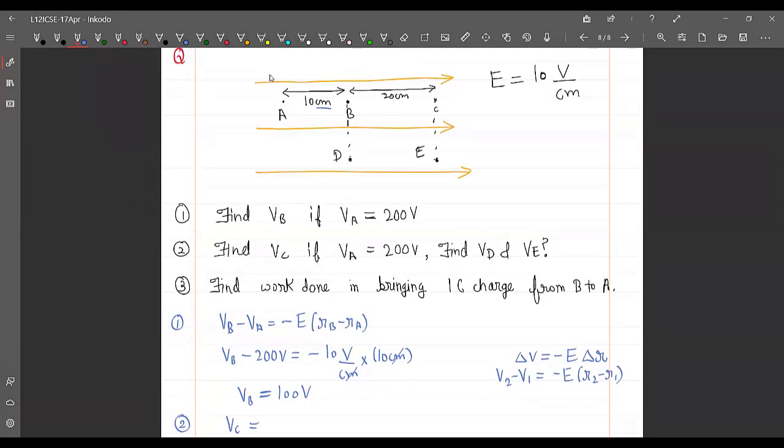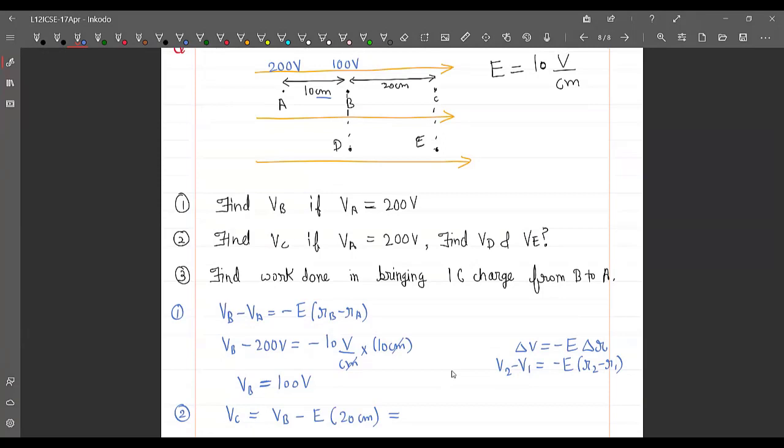Here it is 200. Sir, minus 100 volt. Minus 100 volt is correct.